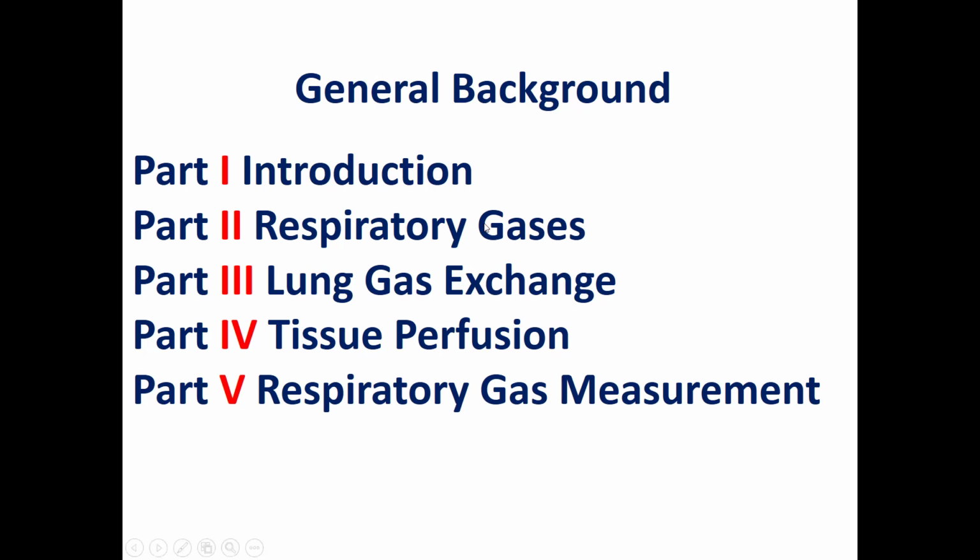Then we talked about the respiratory gases available in the atmosphere, and we are interested mainly in the oxygen and CO2, and how this gas, the respiratory gas or the air, changes as it passes through our airways. So it will firstly become humidified, so we will have more water vapor in this air.